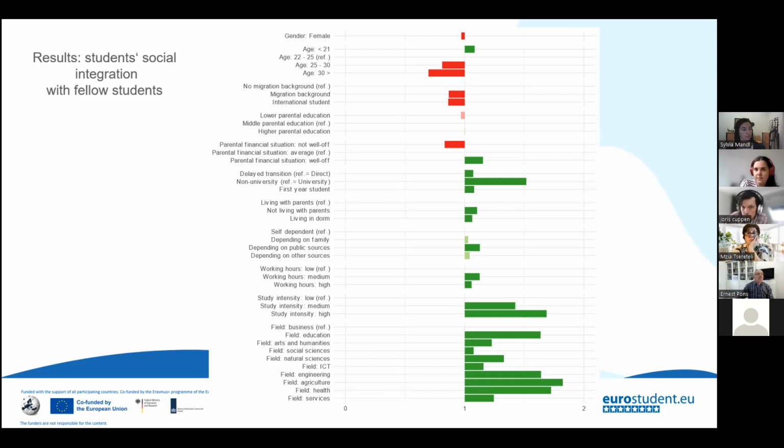You can see in the graph there are many other factors showing this, as well as for the working hours. Students who have medium or high working hours compared to low working hours indicate more social integration, and also students who have a higher study intensity, which means that they spend more time studying, also report higher integration to students, as one would expect, since the students probably are more in the university.